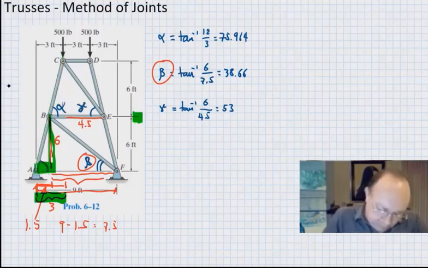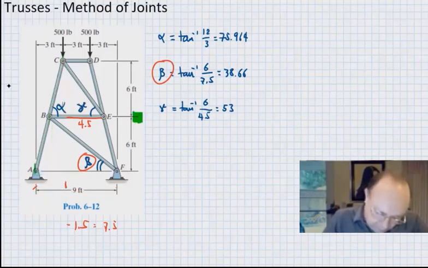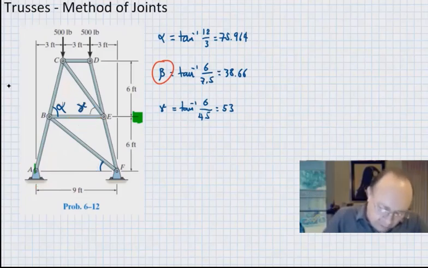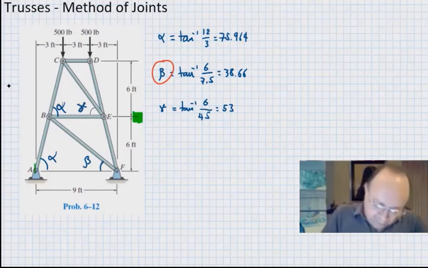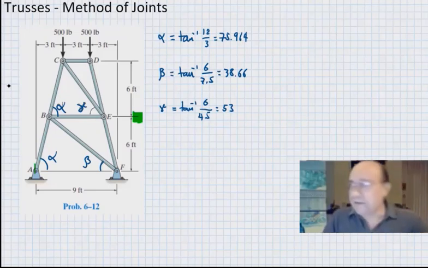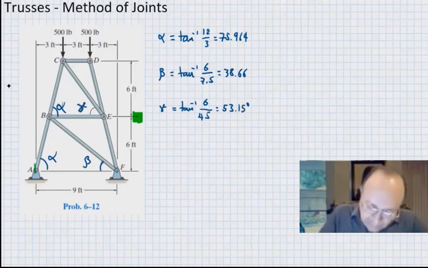Okay, let's get rid of everything here. Oh, I erased the angles. This is alpha, this is beta. All right. Okay, if everybody agrees, then I have here 53.13. And another thing that I think could be useful is to get the sine and the cosine.